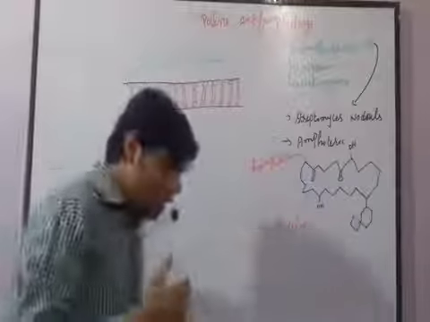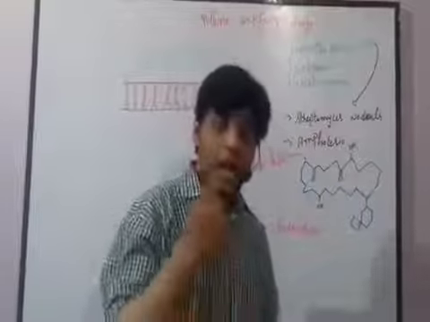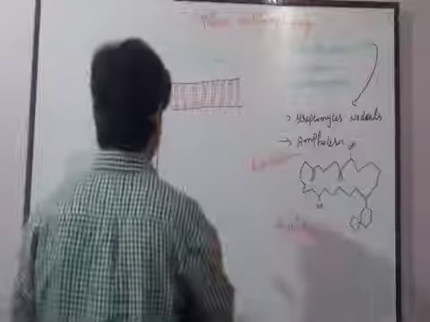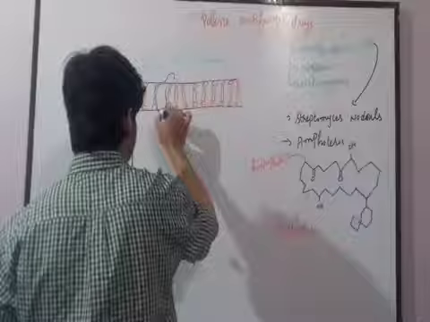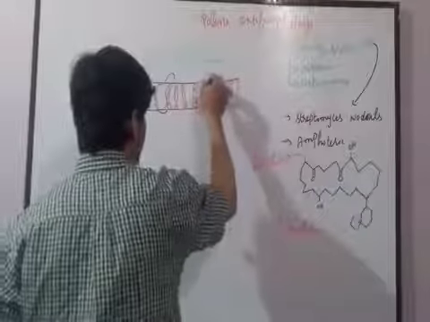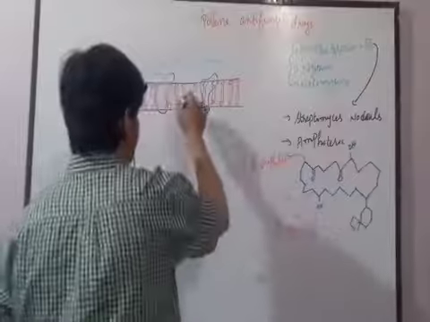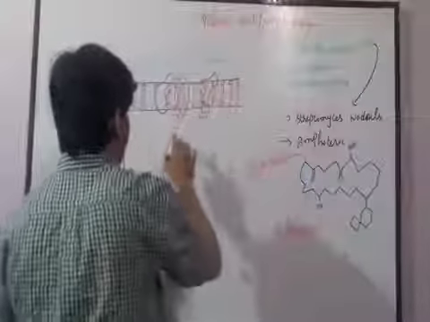Now this cell membrane is kept rigid, flexible and stable with the help of a molecule we usually call ergosterol. So it will be stable and flexible, and it can maintain its shape by the ergosterol.